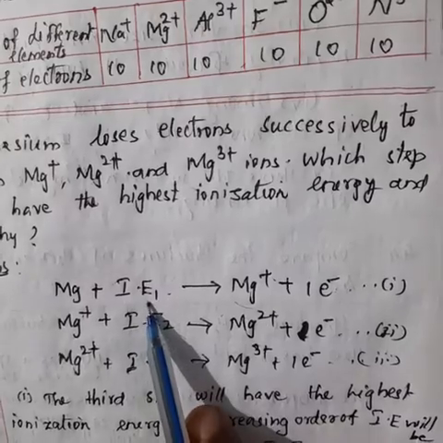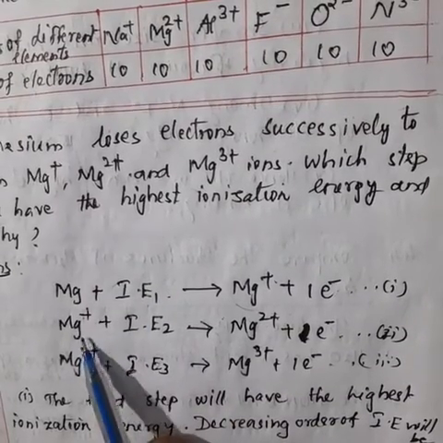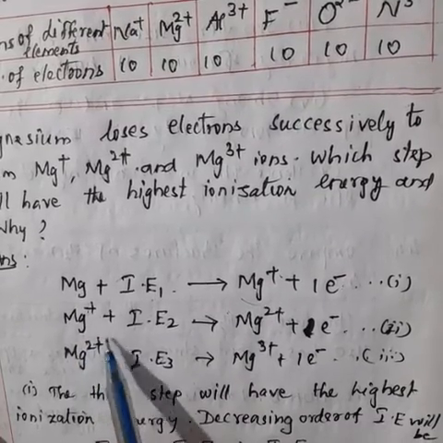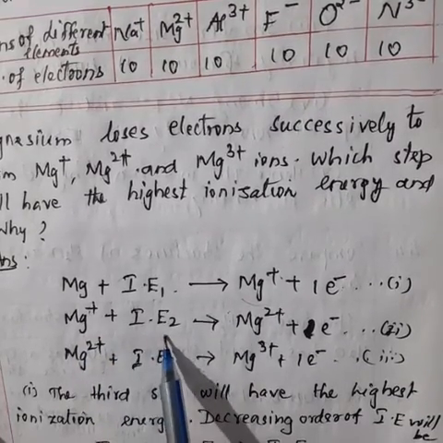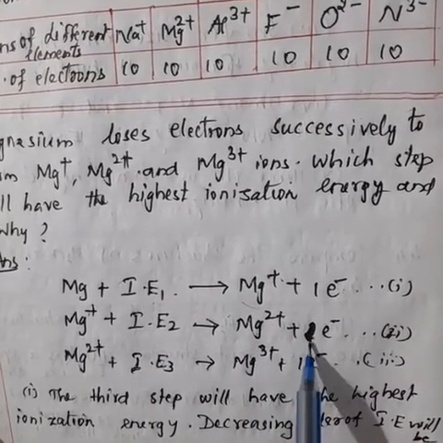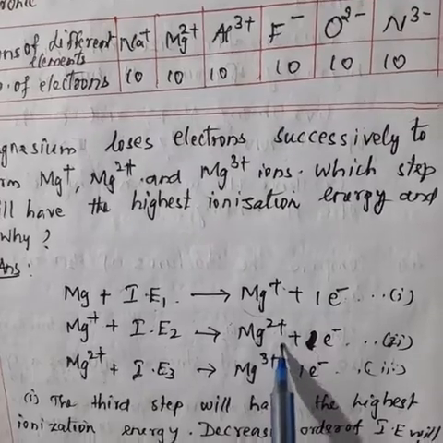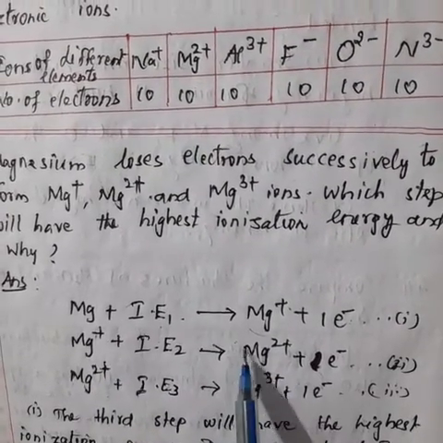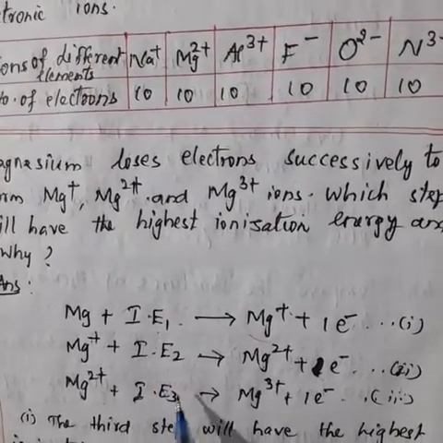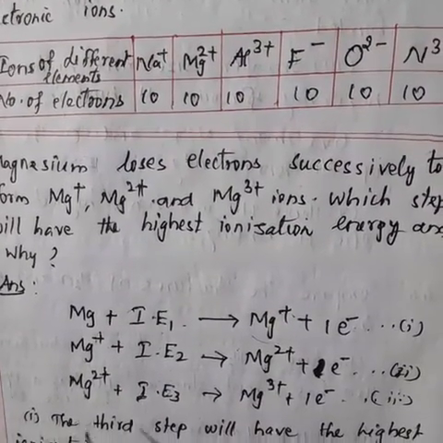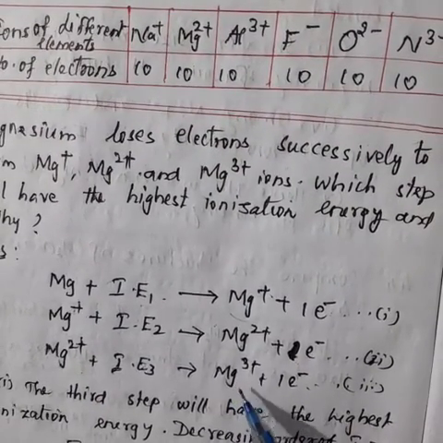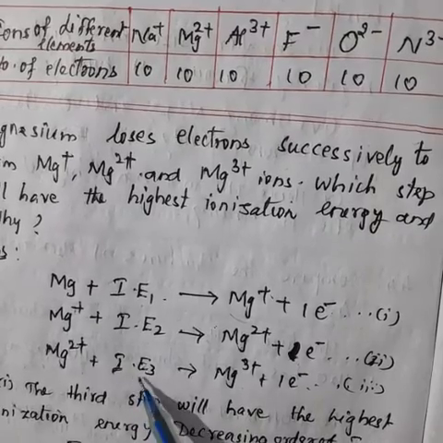Then this Mg+ cation is again ionized to form Mg2+. It lost one electron, so the second ionization energy is indicated by IE2. Then Mg2+ again loses one electron to become Mg3+, and the ionization energy is indicated by IE3.